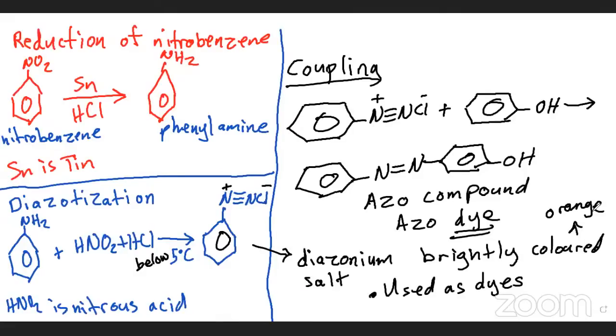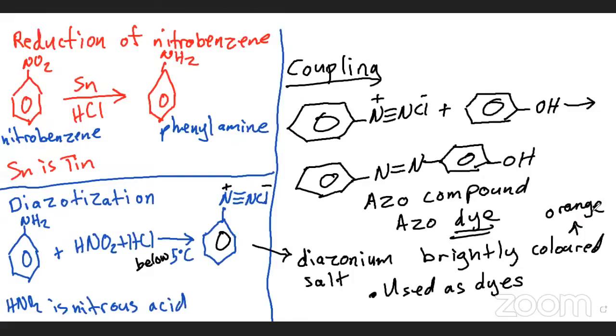We looked at the reaction of phenol with bromine. You get the 2,4,6-tribromophenol. We said that compound is a white precipitate, has an antiseptic smell, and it decolorizes bromine.